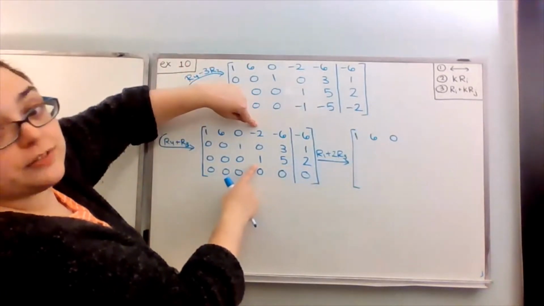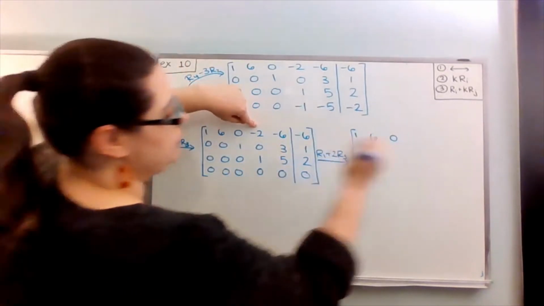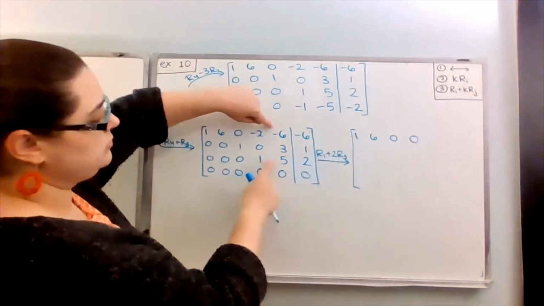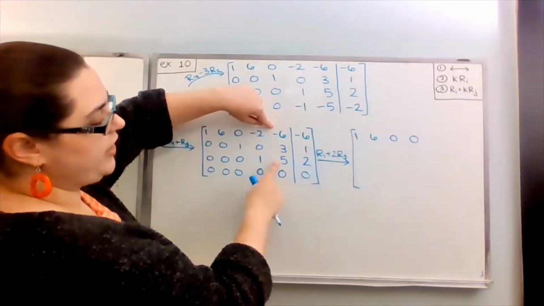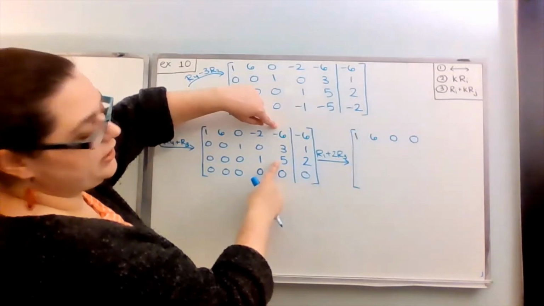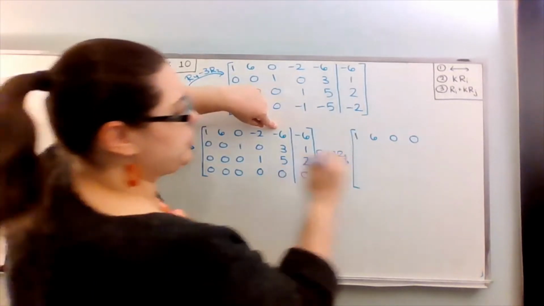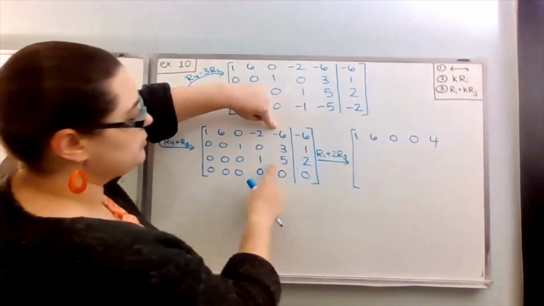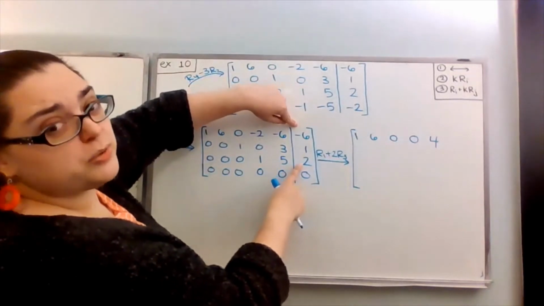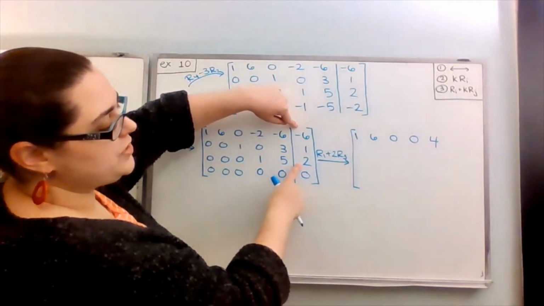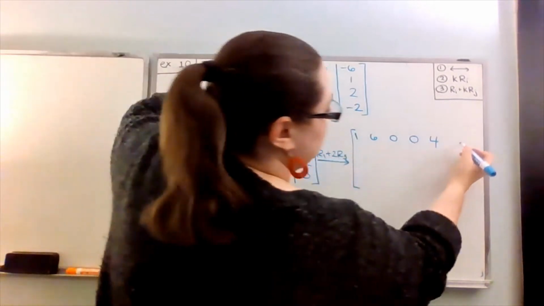Now I'm going to get -2 plus 2, which is 0. Twice 5 is 10. So I have -6 plus 10, which is 4. Twice 2 is 4. So I've got -6 plus 4 is a -2.